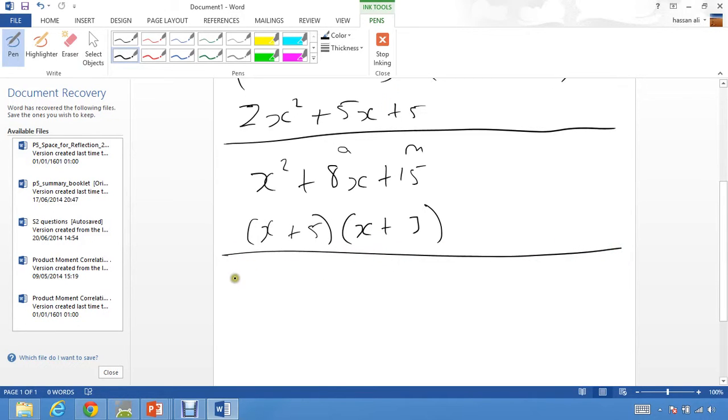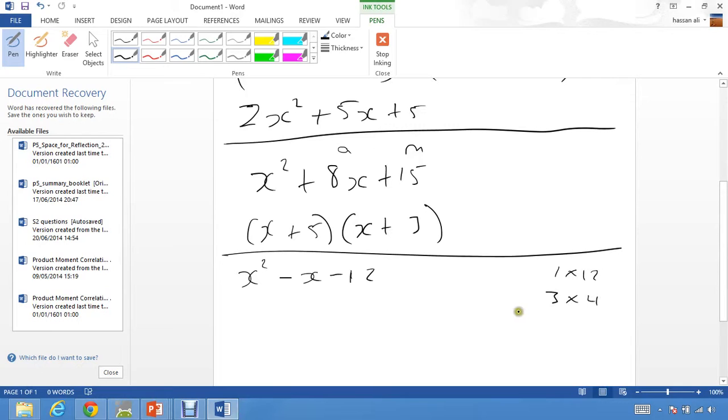Now sometimes you get minus numbers involved, so you get x squared minus x minus 12. Now you have to treat this minus x as minus 1, so you need two numbers that multiply to give you 12. So let's just do 1 times 12, 3 times 4. Now we need minus 12, we don't need 12. So to make minus 12 you can do minus 3 times 4, but we need minus 1 at the same time.